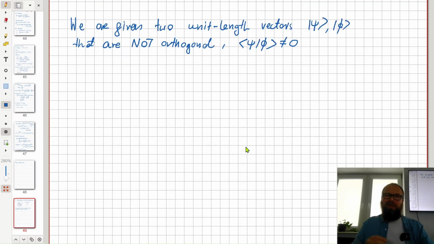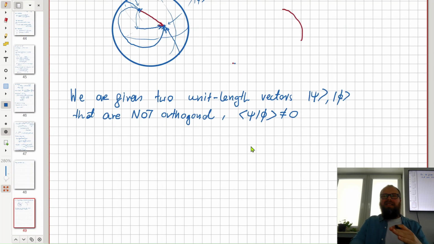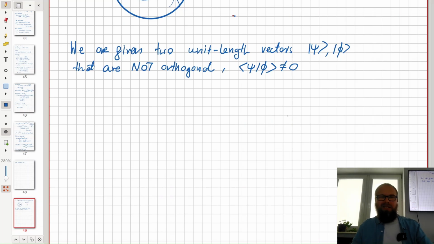First you define two operators: one that changes the sign of vector psi, and the other that changes the sign of vector phi, and leaves everything else alone. Those reflection operators are quite easy to construct. It's 1 minus twice the projection on each of those vectors. So that would be the reflection of psi.